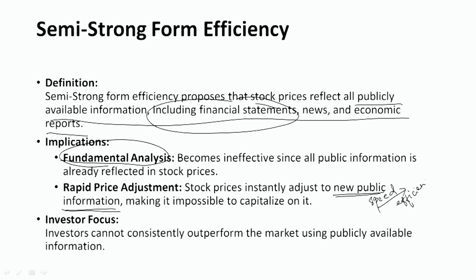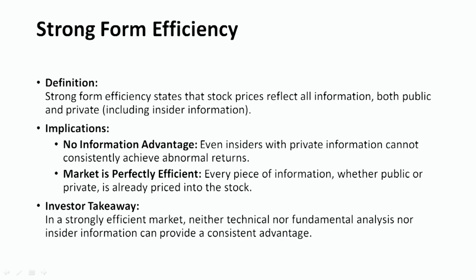If the market is efficient, the flow of information would be faster. The learning for the investor is how you can outperform the market based on publicly available information: how you can use the publicly available information, predict the prices and put your money into those stocks.